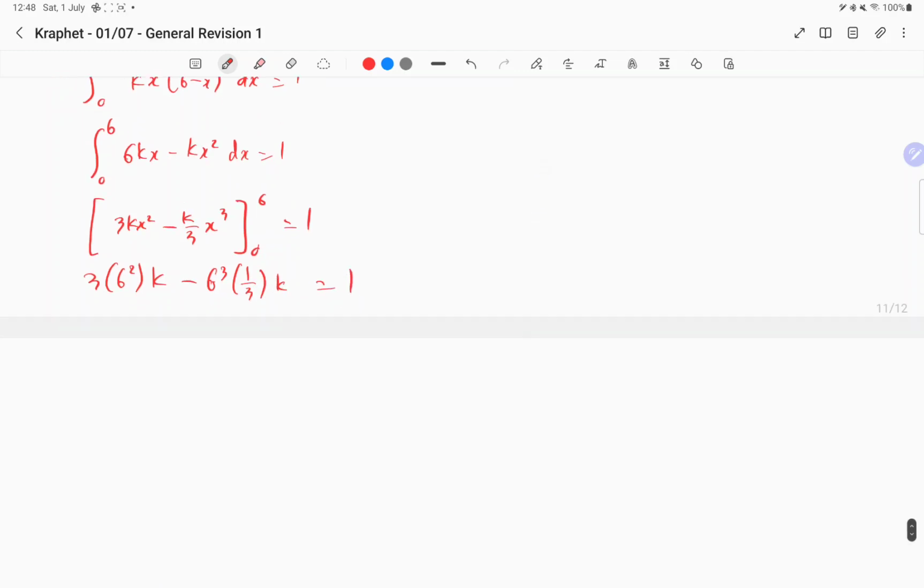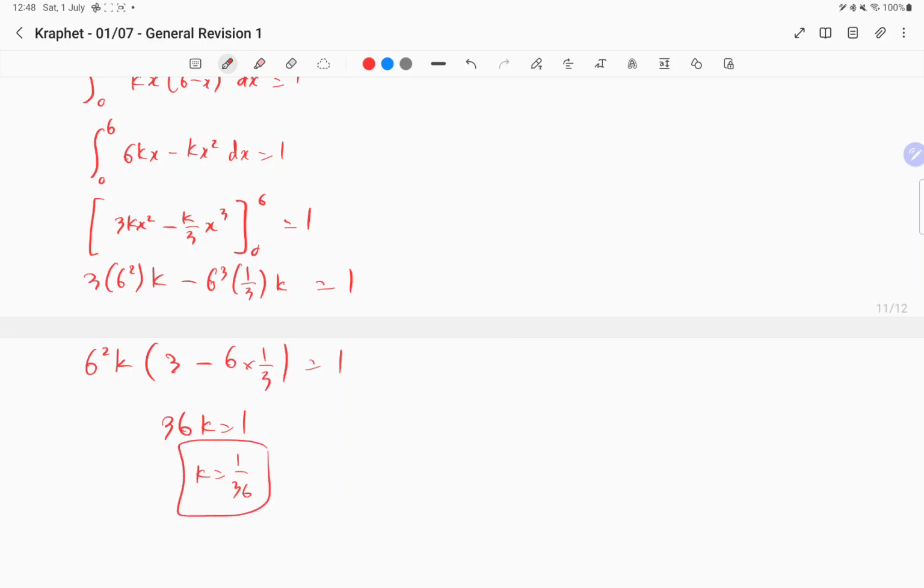I'll take out all the common factors first, which is 6 squared times k. Inside would be 3 minus 6 times 1/3. Much easier. 6 times 1/3 is 2, 3 minus 2 is 1. So that'll just be 36k equals 1. So k equals 1 over 36.